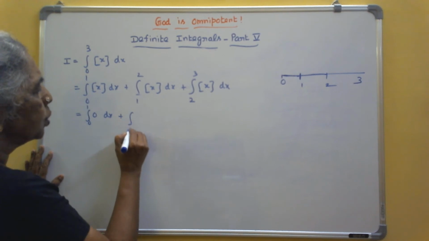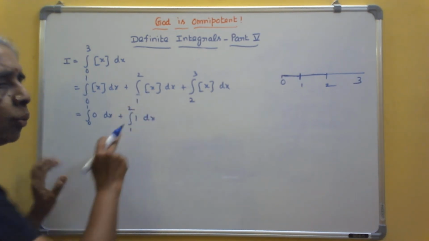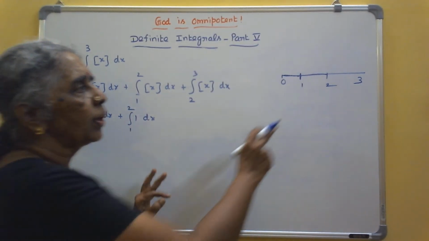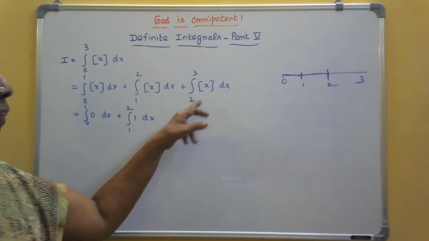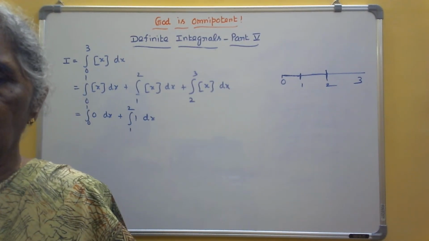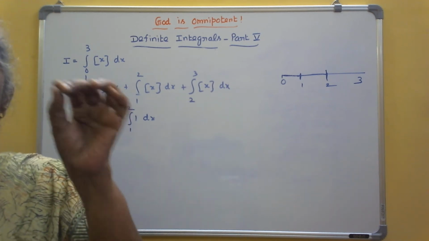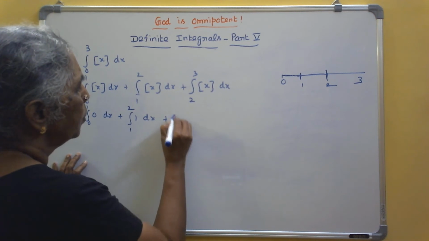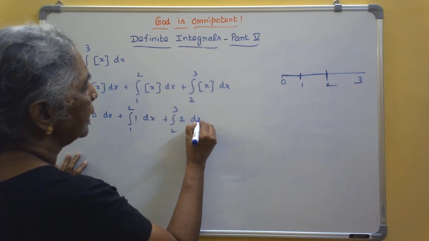So, you will be getting 1 dx. The greatest integer value will be only 1 here. Similarly, from 2 to 3, whatever you consider, 2.1, 2.2, 2.4, 2.9, etc., 2 will be the greatest integer. So, from 2 to 3, this will be 2 dx.